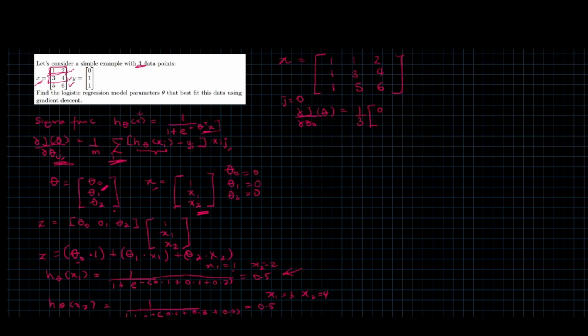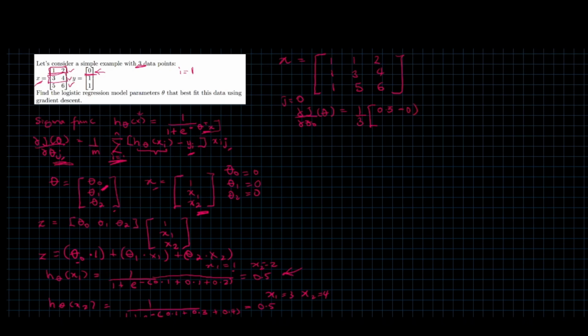It's going to be 0.5 minus y i. I forgot to write from i equals 1 up to wherever you can reach. So starting with i equals 1, that will be the first row. I told you that i is row and j is column.